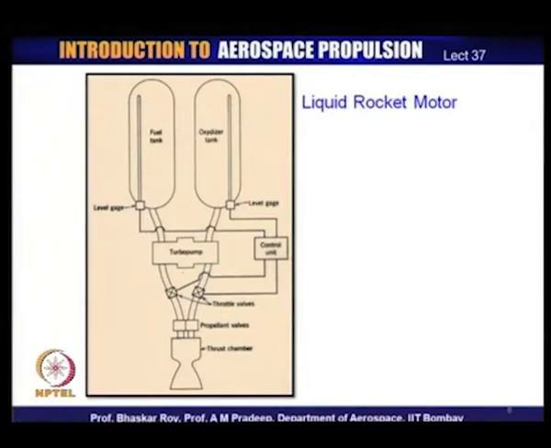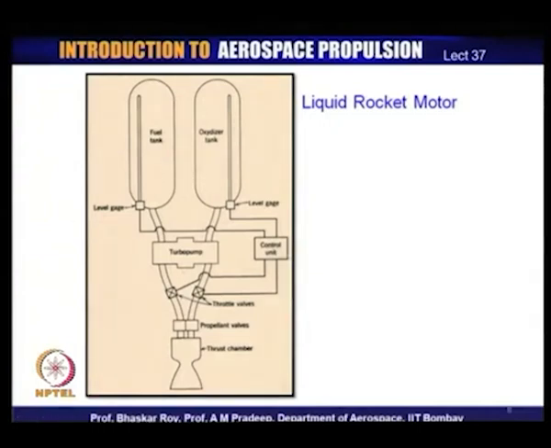Now, in a liquid rocket motor, as you can see here, the rocket combustion chamber is indeed relatively small. A very large space is to be allotted for carrying the oxidizer and the fuel, and these tanks need to be housed within the body of the rocket.